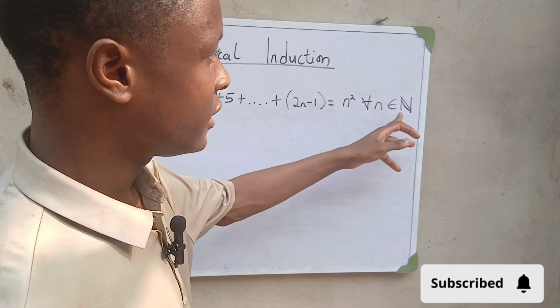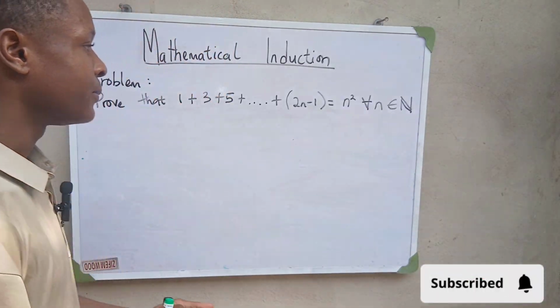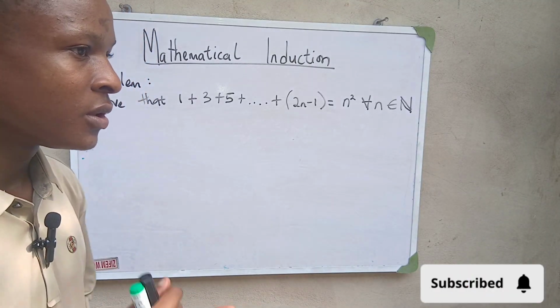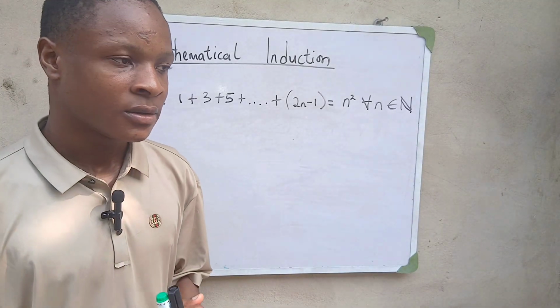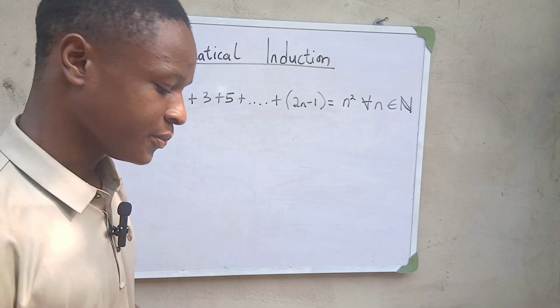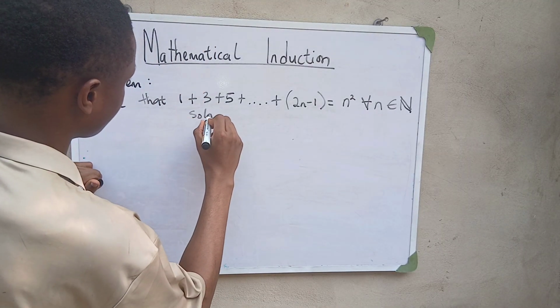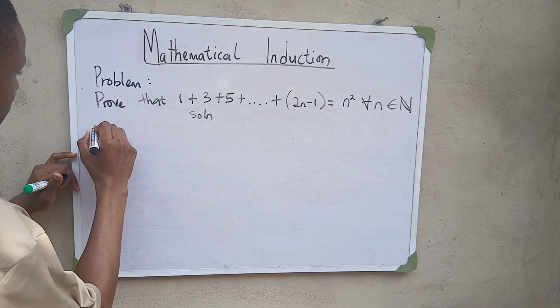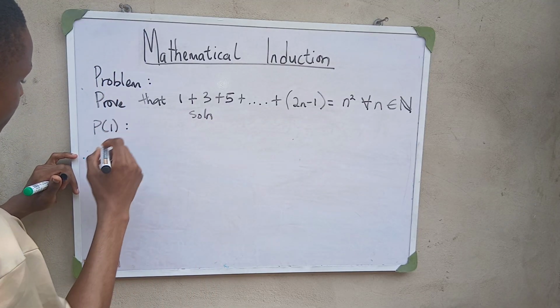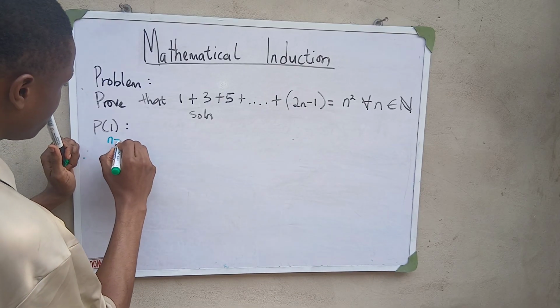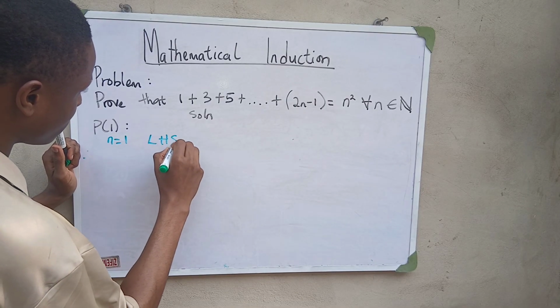For all n an element of the natural numbers. So remember, to solve a mathematical induction question, you have to start with P of 1. We'll check if P of 1 is true. The solution for P of 1: n is equal to 1 for the left hand side.